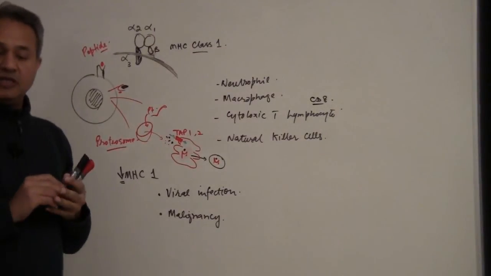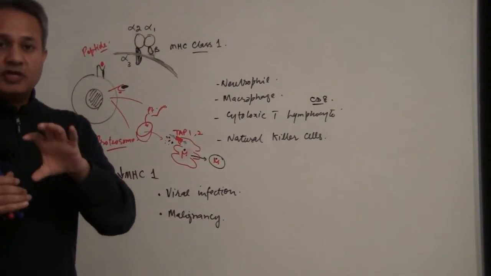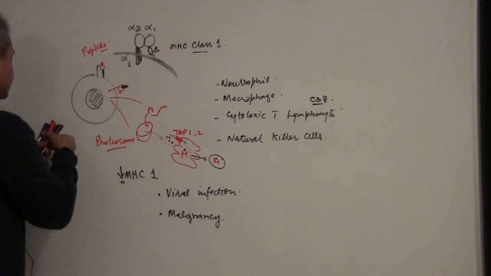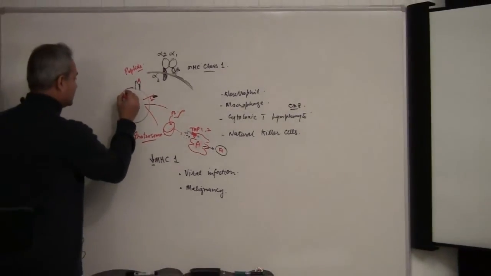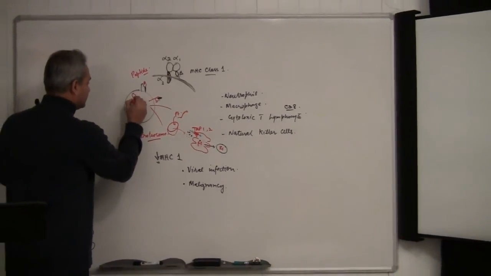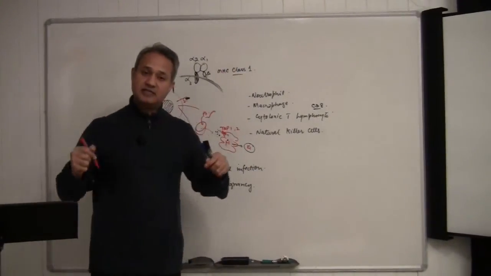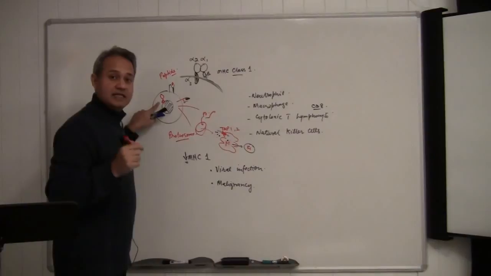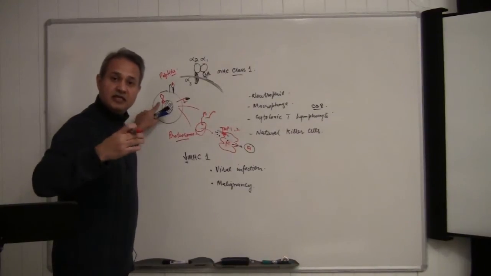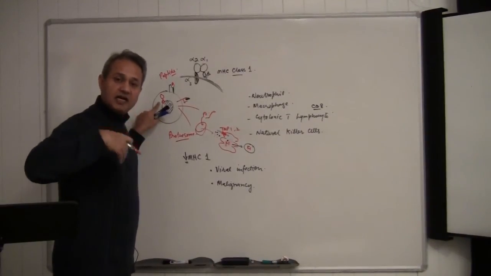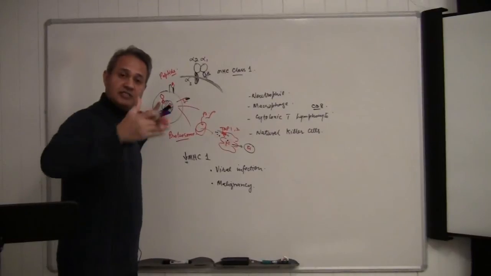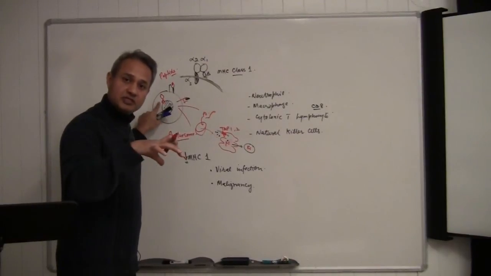Viral infection and malignancies. So what happens is, when a virus jumps into a cell, let's say the virus came in here, right? So this is a virus sitting here, dancing, having fun. Hey, I'm inside the cell. What is it going to do? This virus is going to steal the cell's machinery and start making viral proteins instead of the normal cellular proteins.